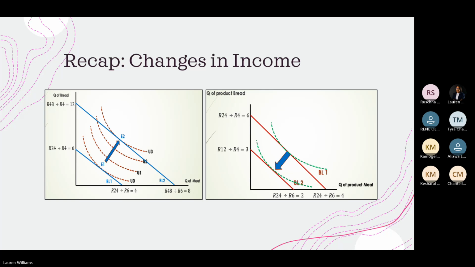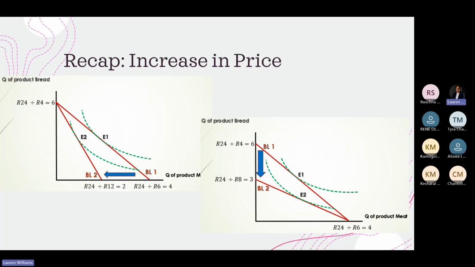Okay. So just a reminder, changes of income. If your income increases, parallel shift to the right. Income decreases, parallel shift to the left. Versus if there's an increase in the price, depending on which product it is, you will have a swivel inward. Whichever price of the product has increased, whether it's the price of bread or the price of meat, your curve will always swivel inward.